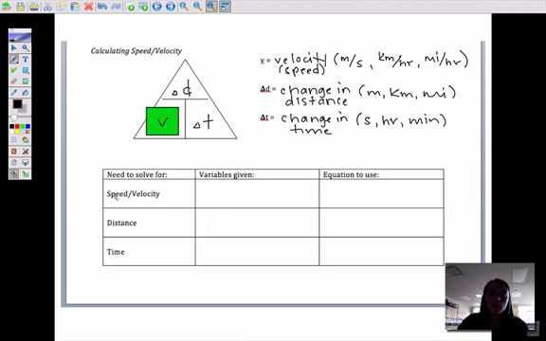So if you need to solve for speed or velocity, you're going to need to be given distance and time. In your equation, so we say v is equal to delta d over delta t. This is going to be division.